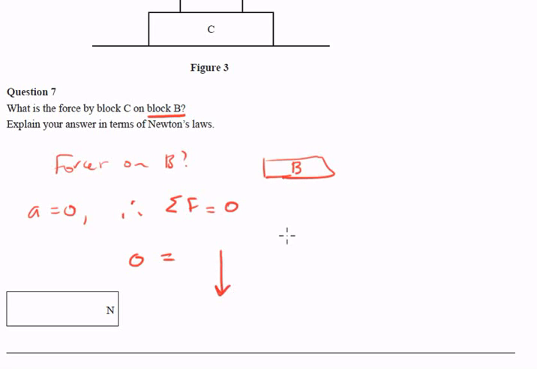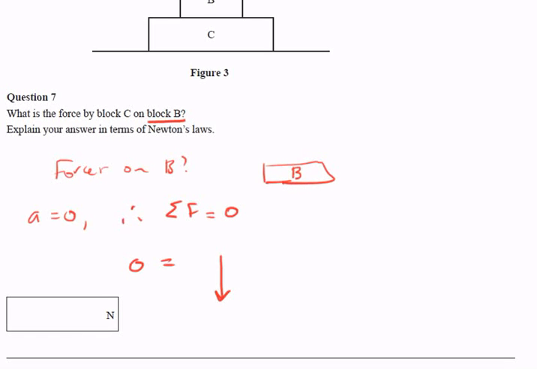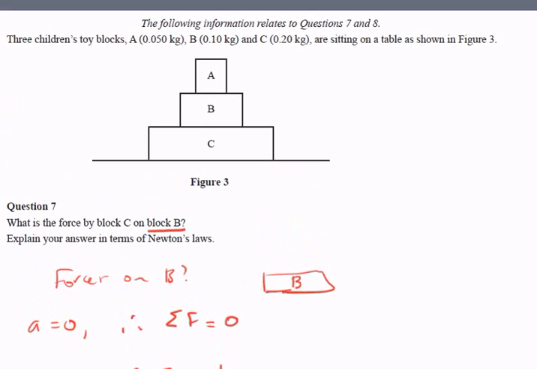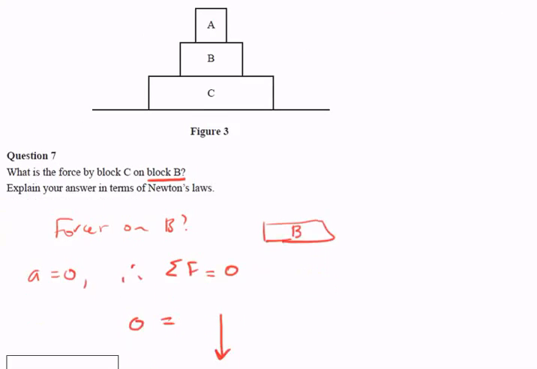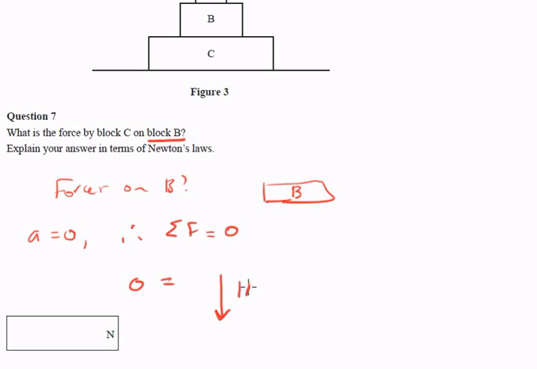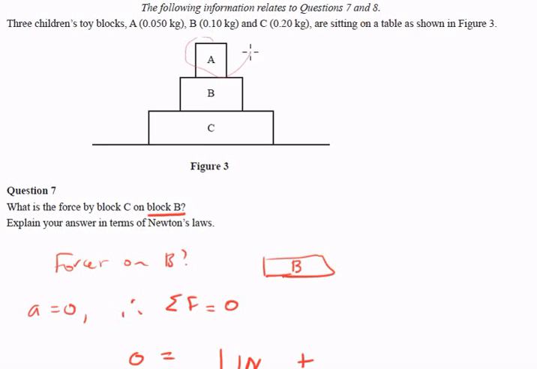Obviously there's gravity on B. What's the size of that gravity? B has 0.1 kg, so that's 1 Newton. Plus, what are the other forces on B? Well, A sits on B's head. That's pushing down as well, and that's 0.05 kg, so that is 0.5 newtons.